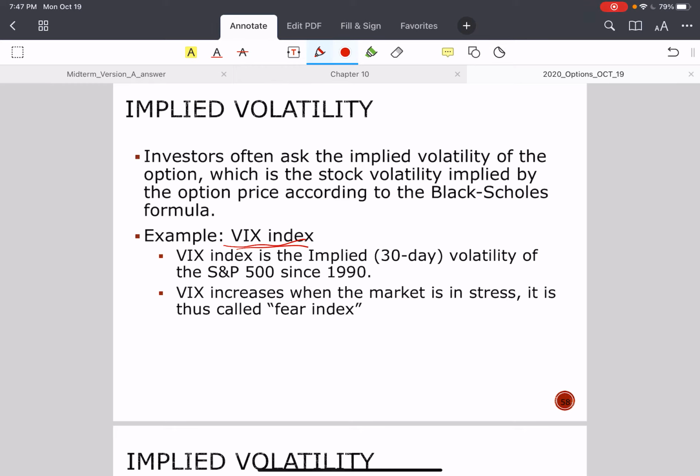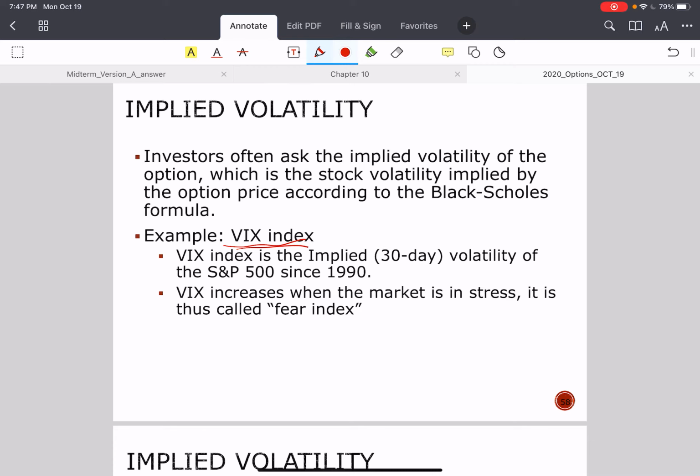So how do you obtain this VIX index? I can't recall the details, but basically what you need to do is you need to solve volatilities from the SP 500 options, right? So if you look at those call option prices, you can back out their volatility, and this is your implied volatility.